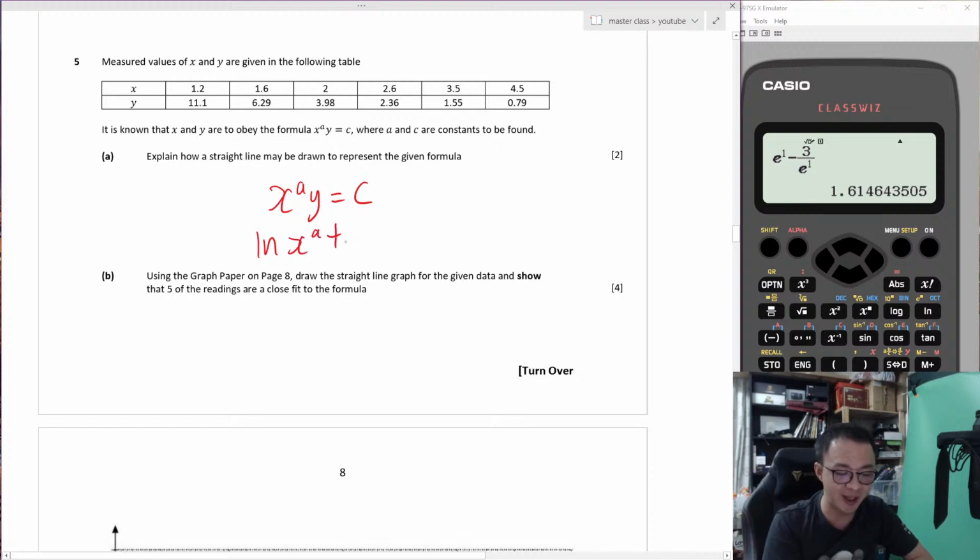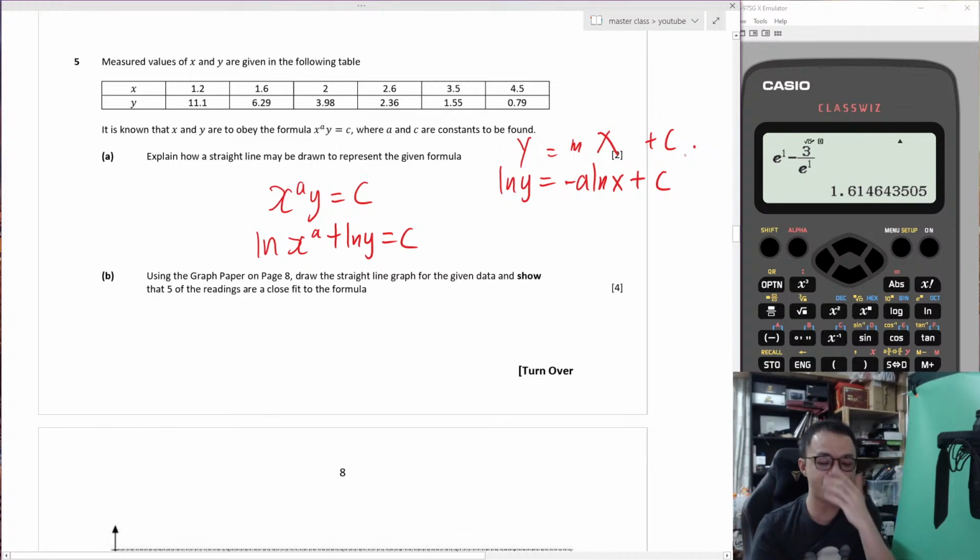Okay, ln A plus ln Y equals C. So ln Y equals minus A ln X plus C. Alright, then this is my Y, this is my M, this is my X, this is my C. Since I have everything ready, what I want to do is form the new table.